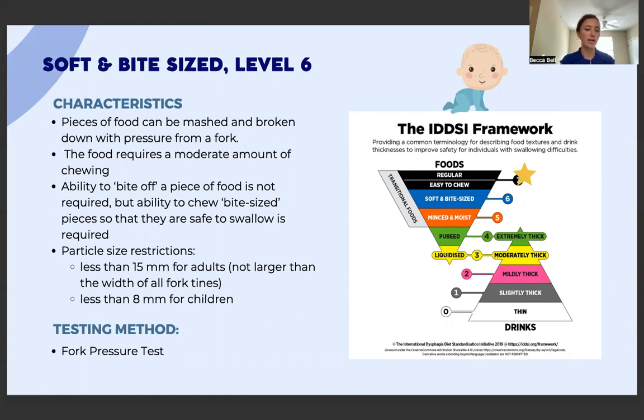For particle size restrictions, for adults, we have no larger than the width of all 3 or 4 fork tines, and less than 8 millimeters for children. And this is used to test with the fork pressure test.